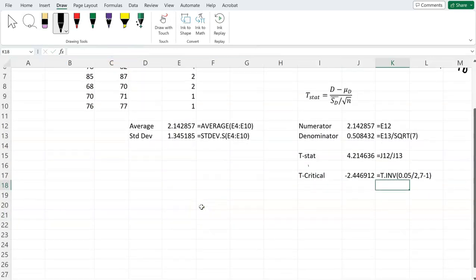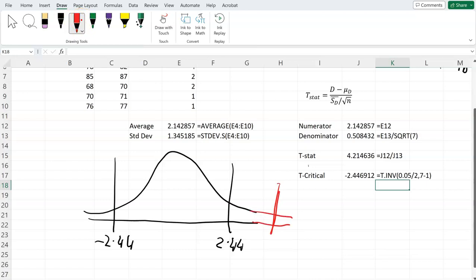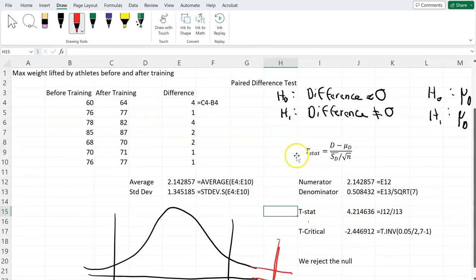Then if I draw my t distribution, I can see that my t-stat is 4.21, and my critical values are negative 2.44 and positive 2.44. But my t-stat is way out here near 4.21. So since it's in the rejection region, we reject the null. This is doing it by hand.